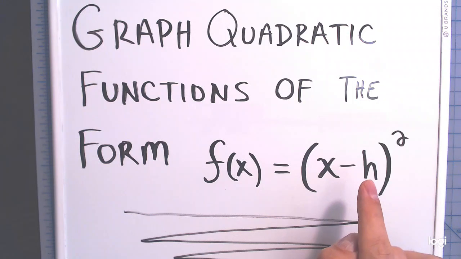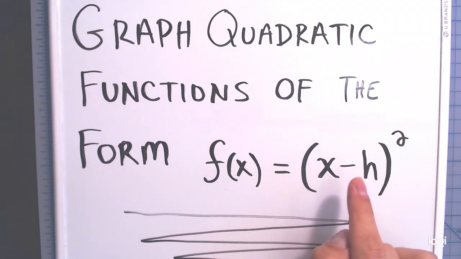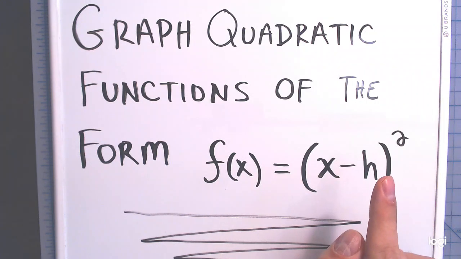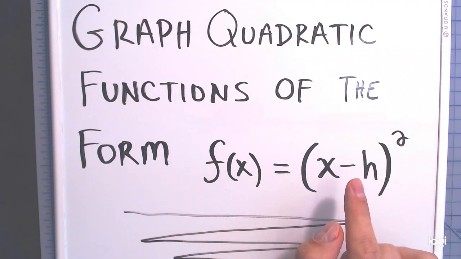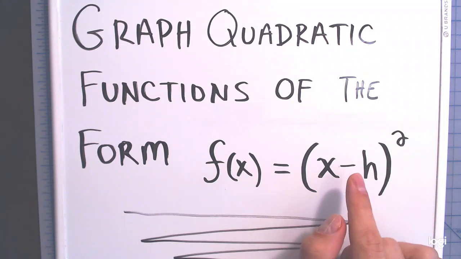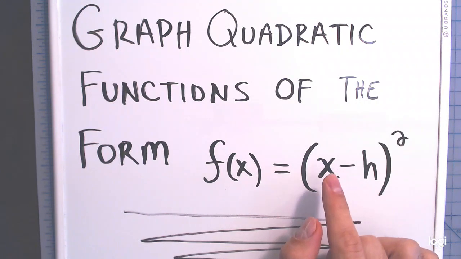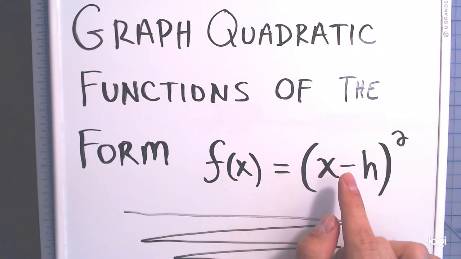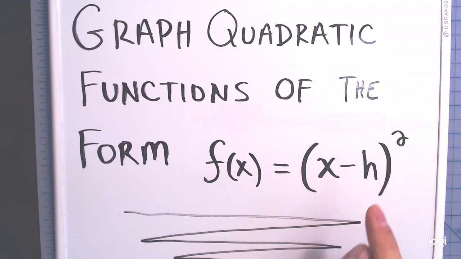Here h represents just any real number, like the quantity x minus 2 squared, or the quantity x plus 5, where h would be negative 5, x minus a negative 5, plus 5, squared. So what we're going to be seeing here is another example of a function or graph transformation.